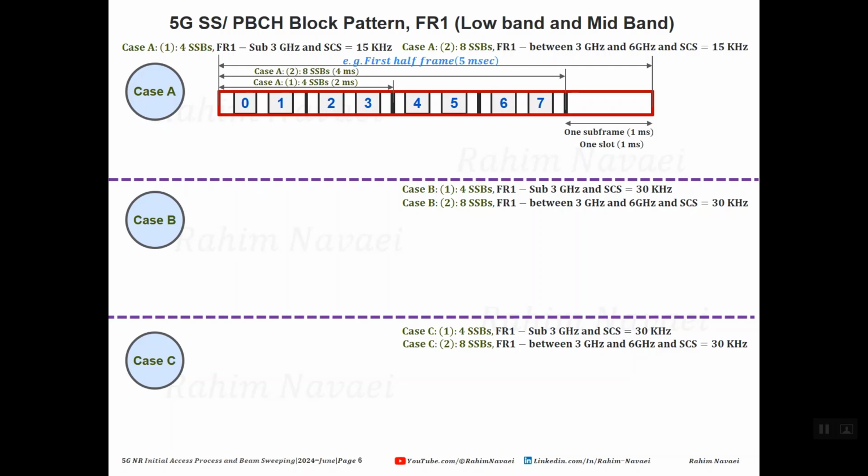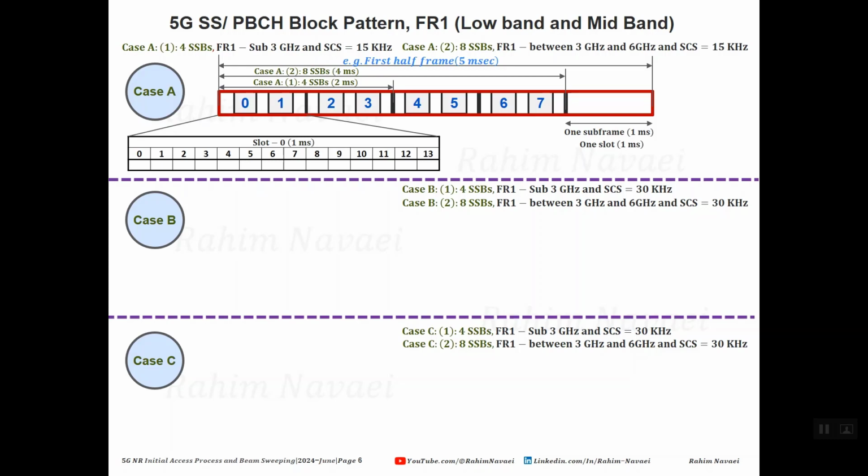For case A2, 8 synchronization signal blocks are transmitted within slots 0, 1, 2, and 3. Here, you can also see the position of the 2 synchronization signal blocks within slot 0.